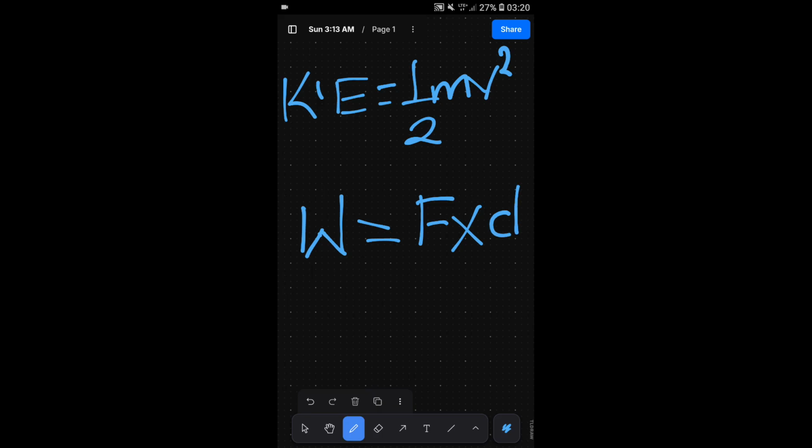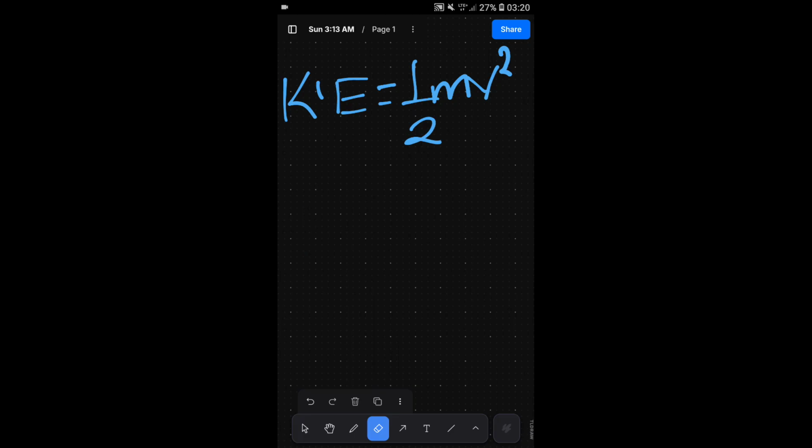Now, kinetic energy comes from work done. When work is done on an object, it produces kinetic energy. Okay, now let's call this equation 1. So I'm just going to erase it and write it properly, and then we'll call it equation 1.